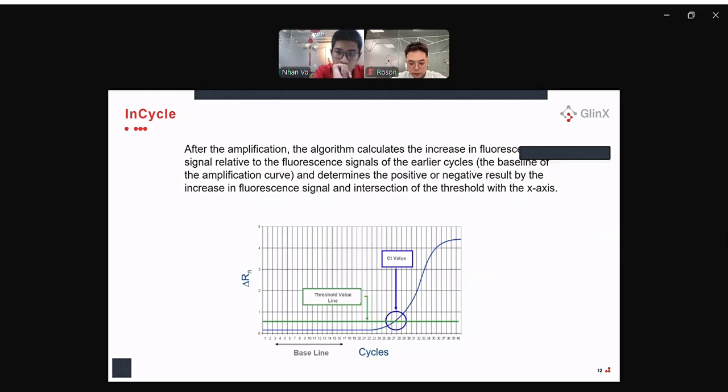These earlier cycles we call the baseline. When the signal has been detected, it comes out in this shape, like an S, because every cycle we detect the fluorescent signal, right?